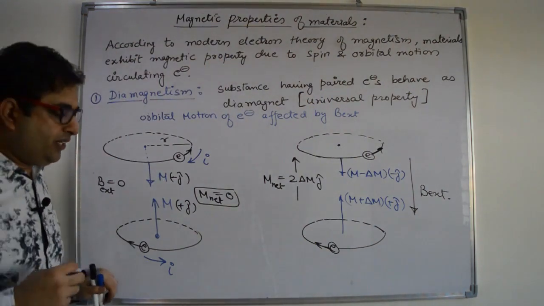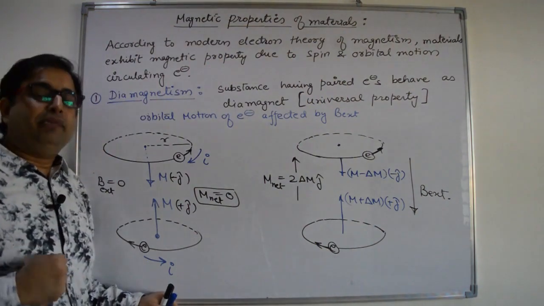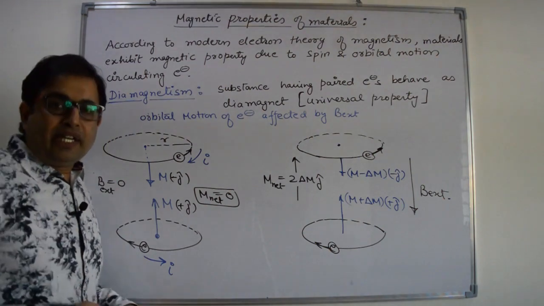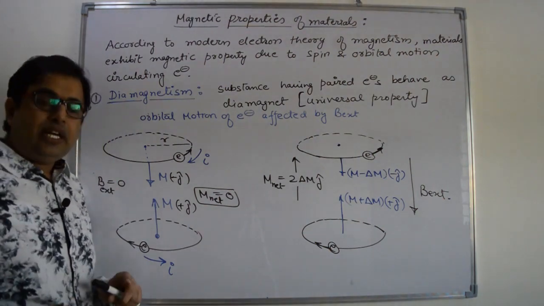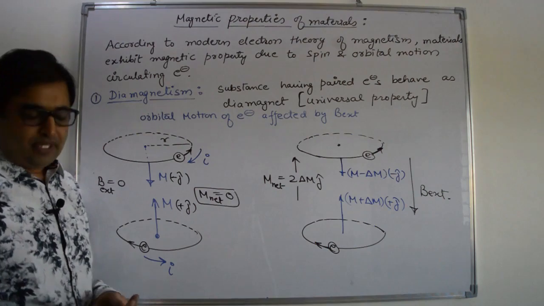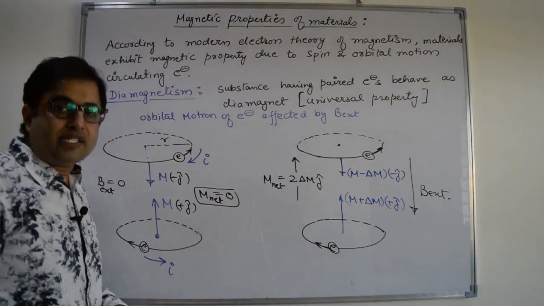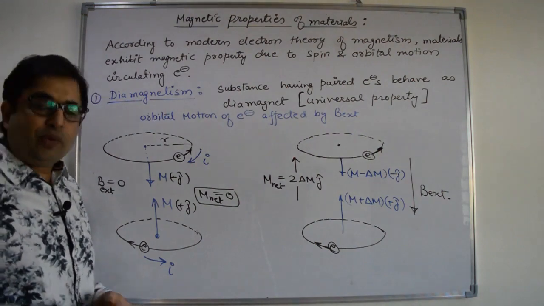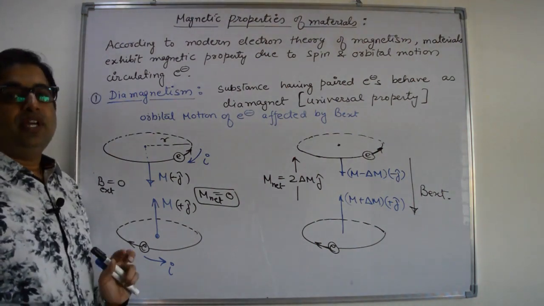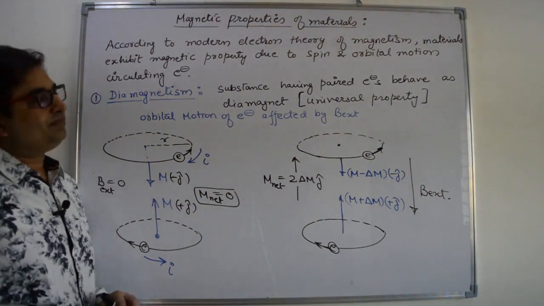We have three different types of magnetic materials: diamagnetic materials, which show diamagnetism property; paramagnetic materials, which show paramagnetism property; and ferromagnetic materials, which show ferromagnetism property.